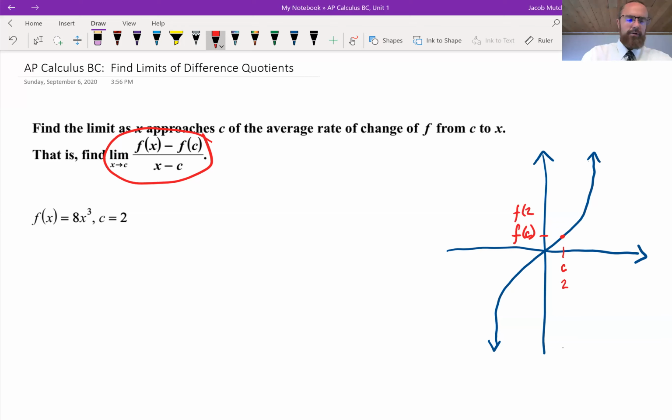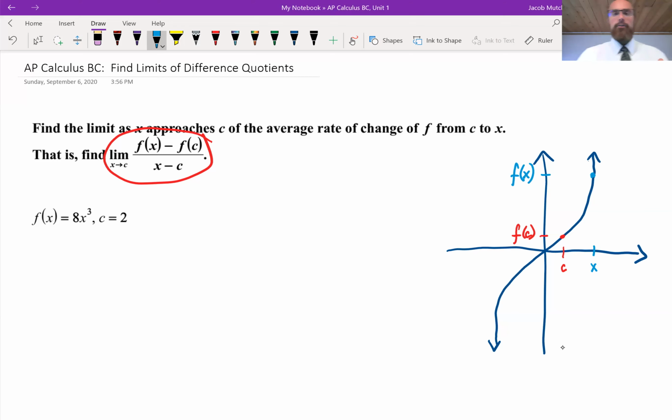But let's keep it generalized, so we'll go with c and f at c. Well, to think about how we would calculate the slope at that point, we extend it. So we say, okay, let's imagine another value out there. Let's call that x. And then if I trace up to the graph, that's my point on the graph at x, and trace over to the y-axis, that y value is f at x.